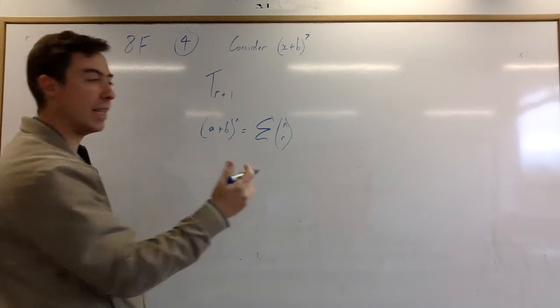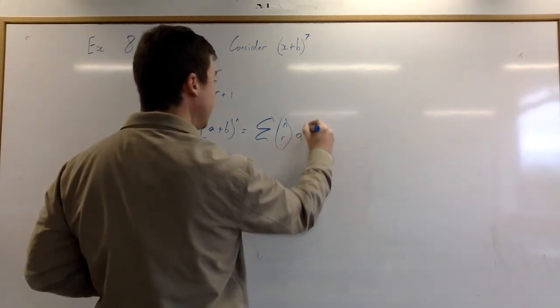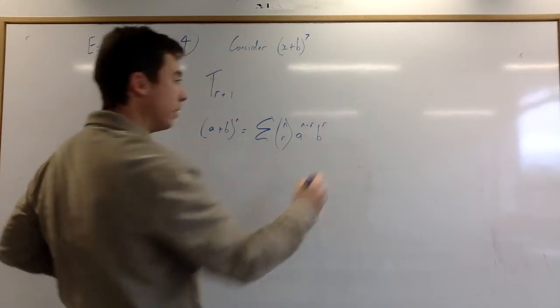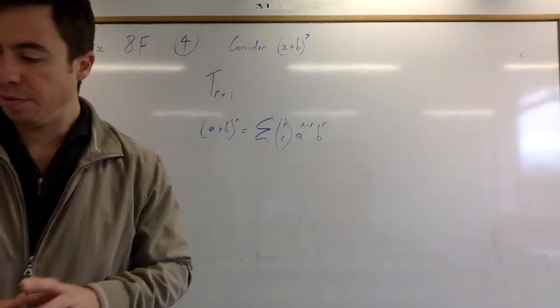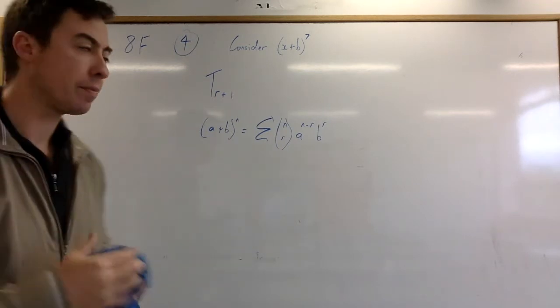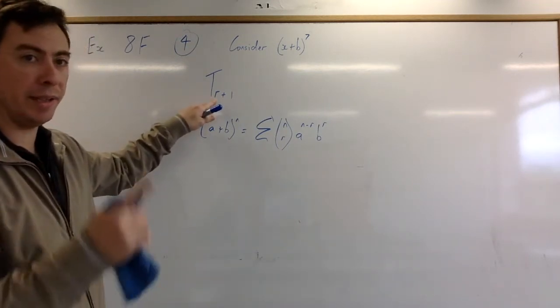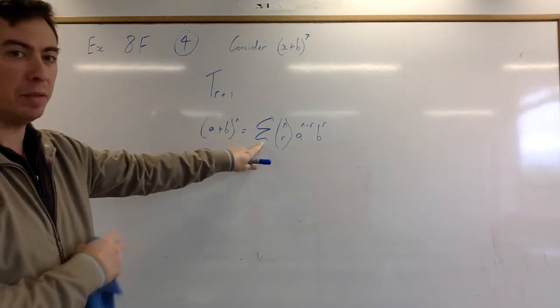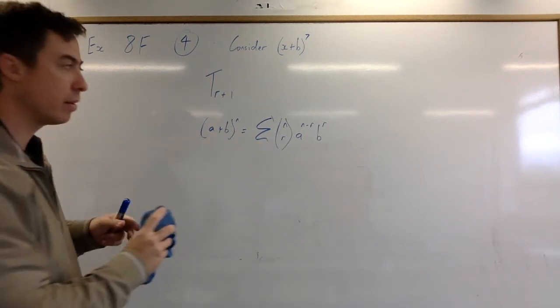I think I've been using the letter k. a to the power of n minus r times b to the power of r, right? The difference with the general term formula is it gives you any one particular term as opposed to a sum of all of the terms, right?